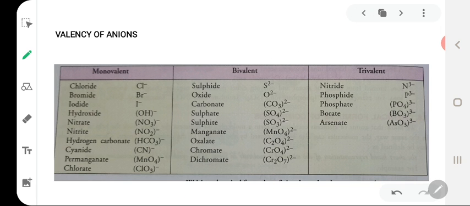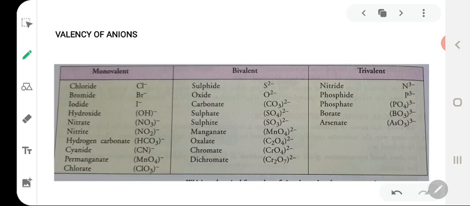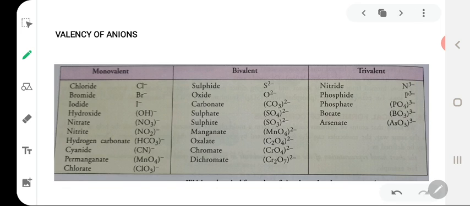See, this was the chart for positive ions. This is the chart for the negative ions or the anions. So we find that mostly the negative ions or anions are polyatomic ions, while the positive ions or cations are simple ions. These are simple ions, but the negative ions are mostly polyatomic ions.